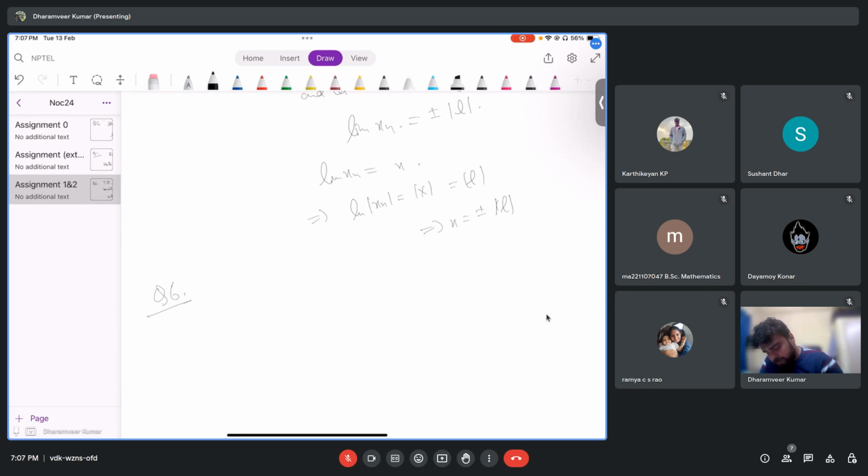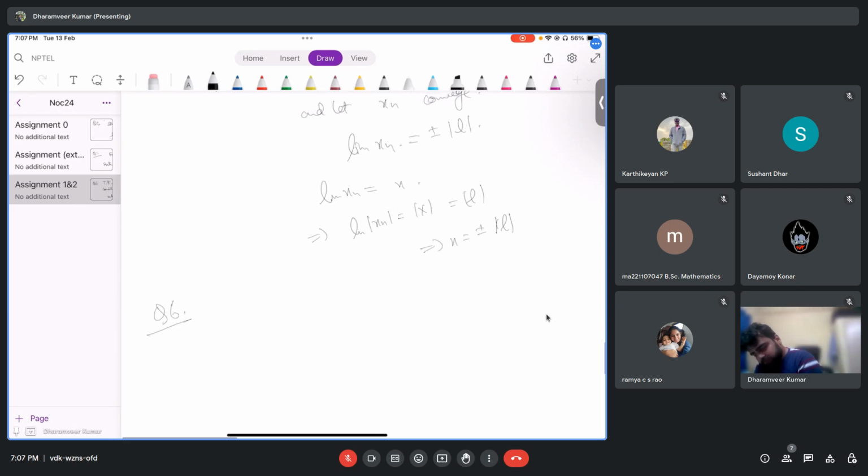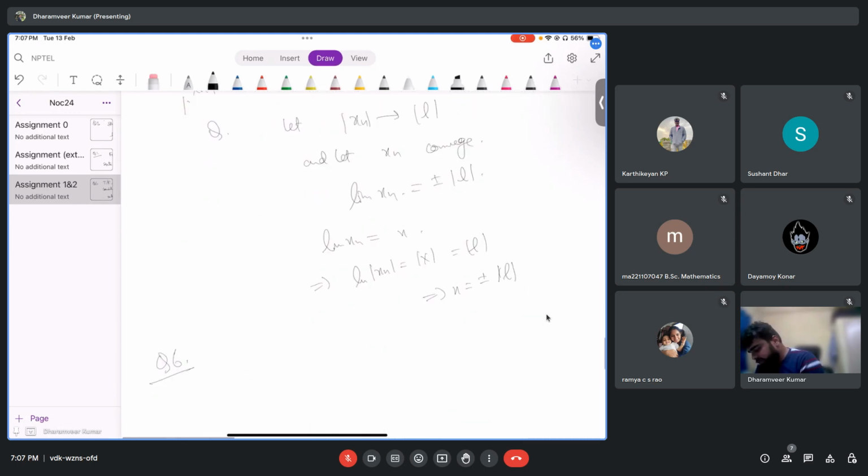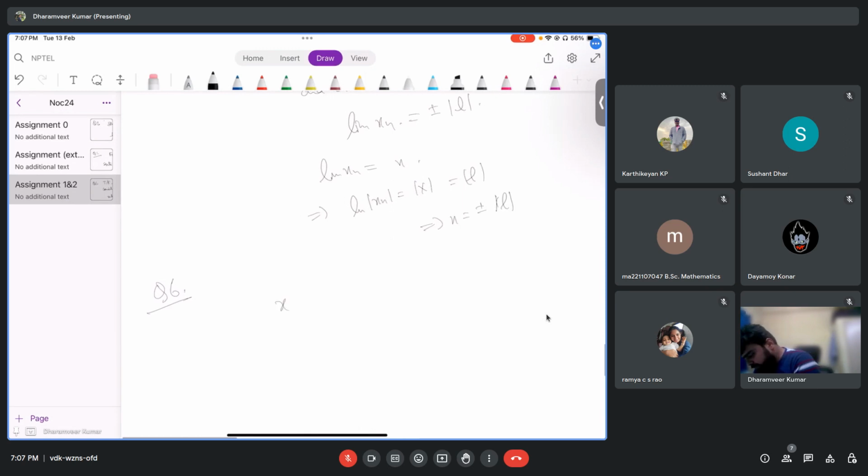Again, the same set of options. Similar question. If every even subsequence and odd subsequence converges to the same thing, the sequence also converges, and vice versa.